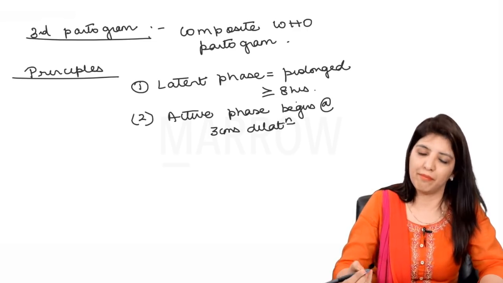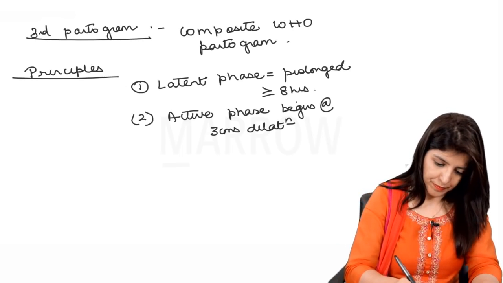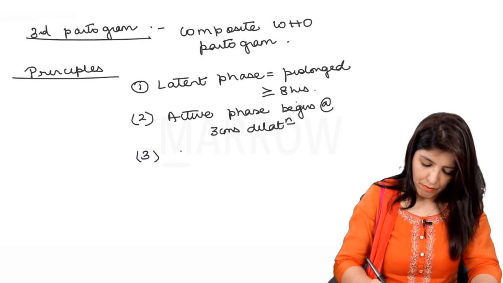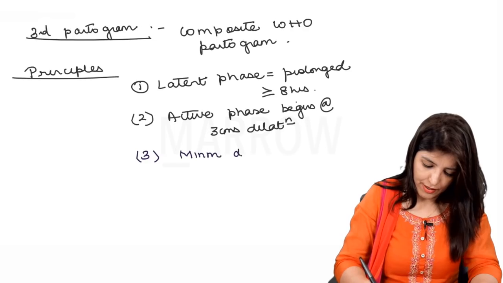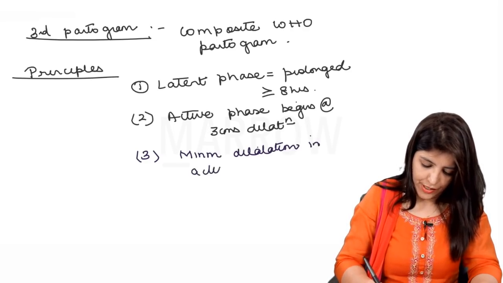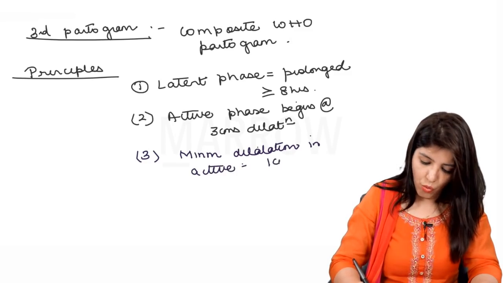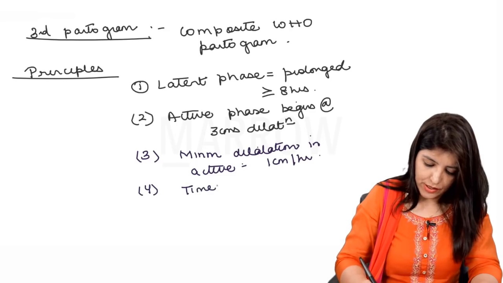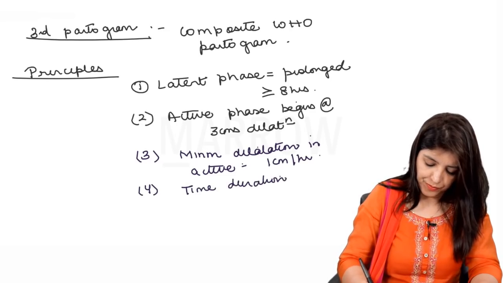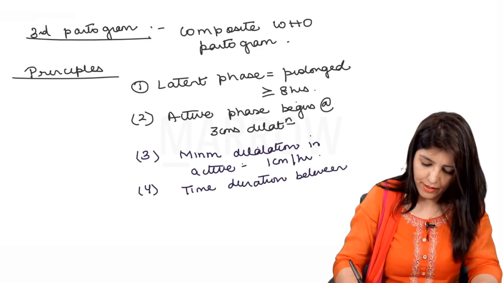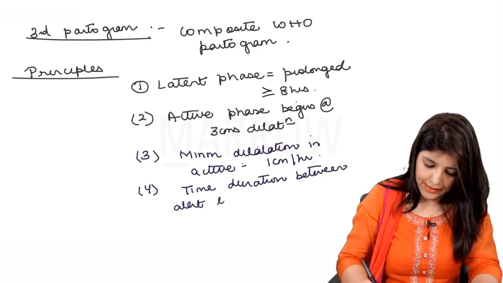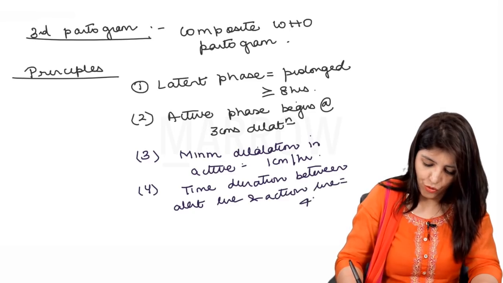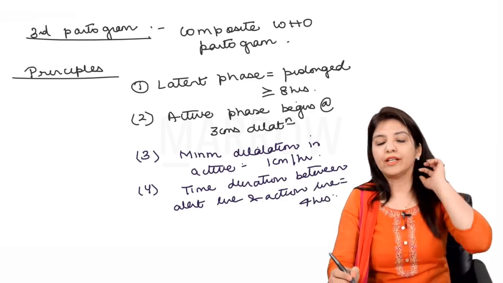Number 3, minimum dilatation in active phase, according to WHO, should be 1 centimeter per hour. And number 4, the time duration between alert line and action line is 4 hours, right?